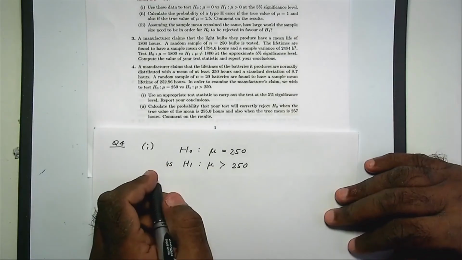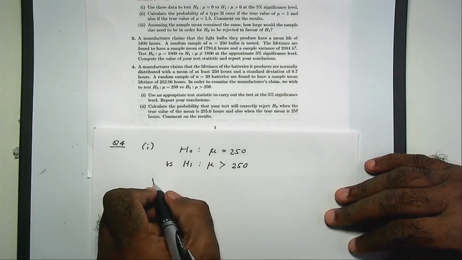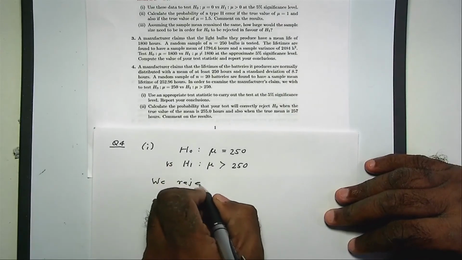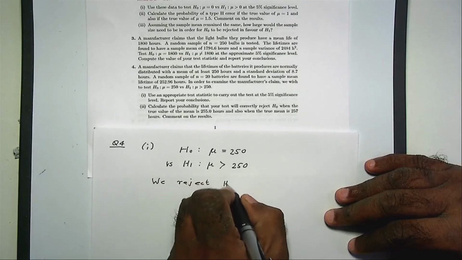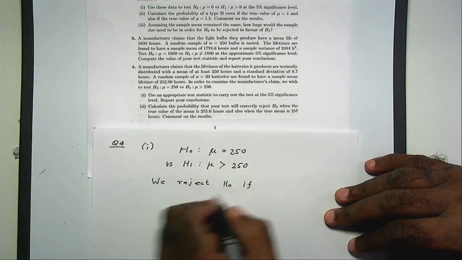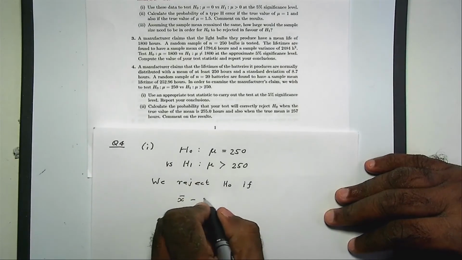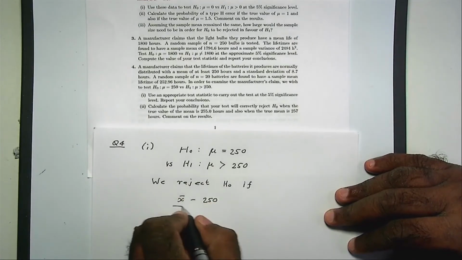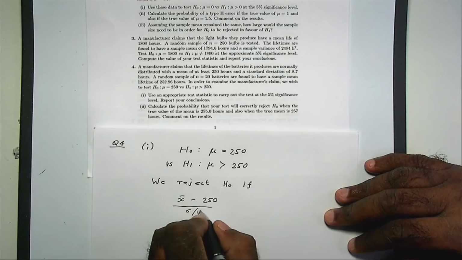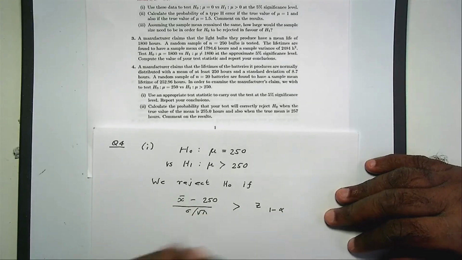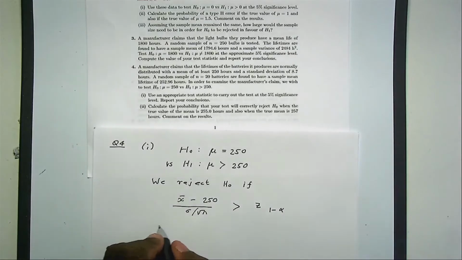the video on one sample test, in this case, we reject the null hypothesis if the following is true. That is, x bar minus mu0, which is 250, divided by sigma by root n is greater than this. Now let's put in the numbers.